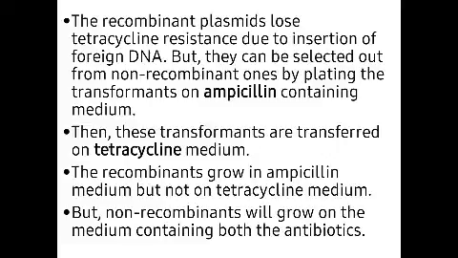we have to transform this transformant into the tetracycline medium. After plating on the tetracycline medium, the recombinant grows in ampicillin medium but not in the tetracycline medium. The one growing in ampicillin medium was the recombinant.